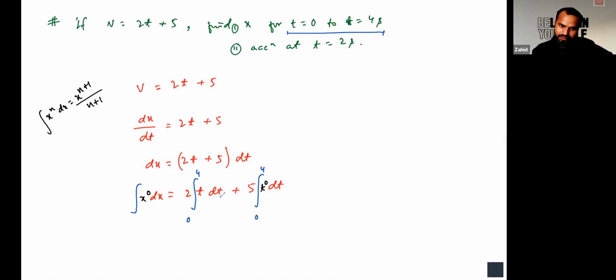Any doubt while solving this section? First, try to integrate this section using this formula and then put the limit as given.